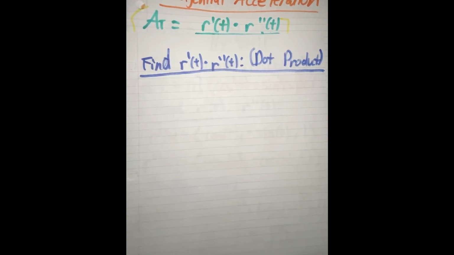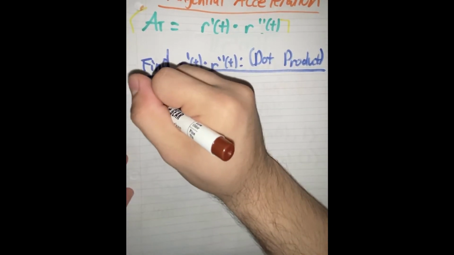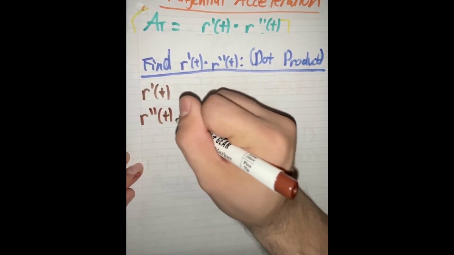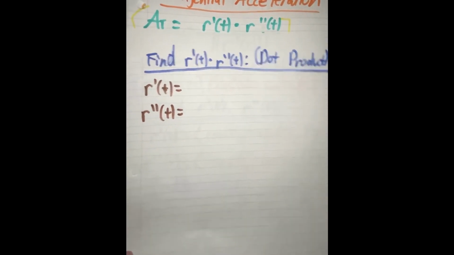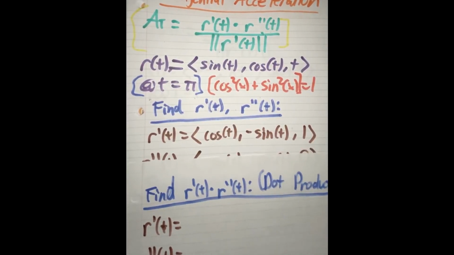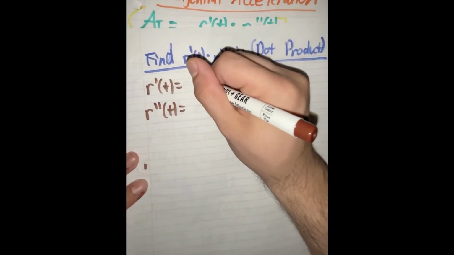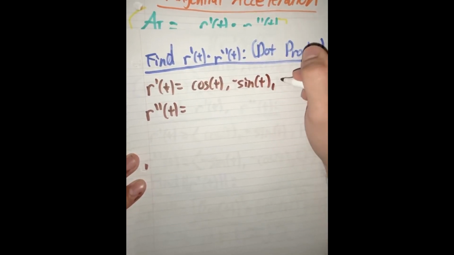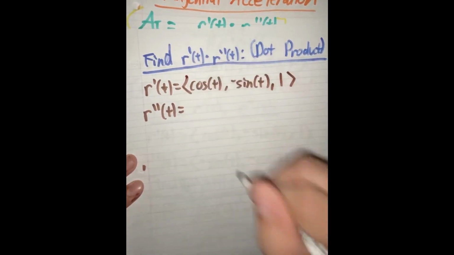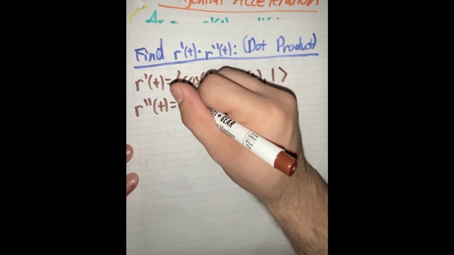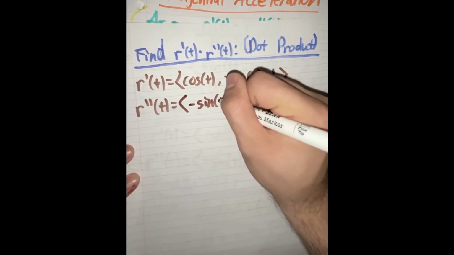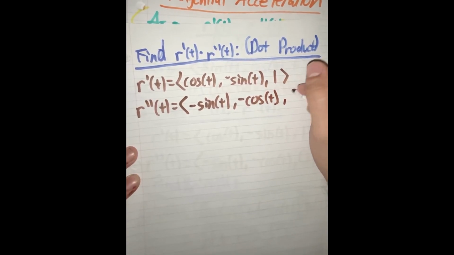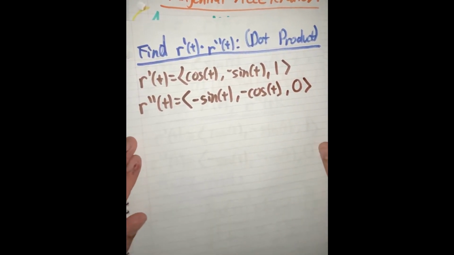I'm going to write down what r prime and r double prime are. r prime is cosine of t, negative sine of t, and 1. The r double prime of t would be negative sine of t, negative cosine of t, and then 0.